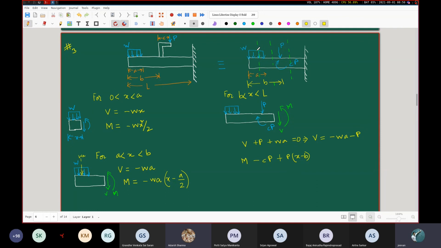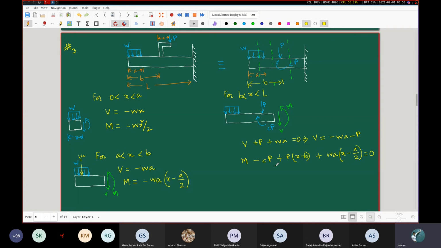Some moment due to this distributed force. The total force here is WA, into X minus A, and then into X minus A by 2. What is the sense of this? Anti-clockwise, which means according to our accepted convention, this is plus.